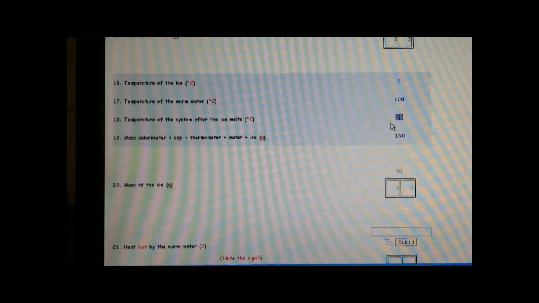Q equals mass times the specific heat times the change in temperature. So here we have the heat lost from the warm water is 15,690, or 15,700.